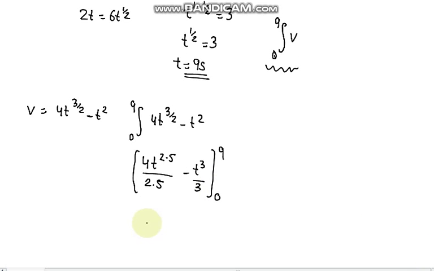Substitute 9 into this expression and you will get 145.8, minus 0 would give me 0. So the displacement, or the distance, would be 145.8 meters.